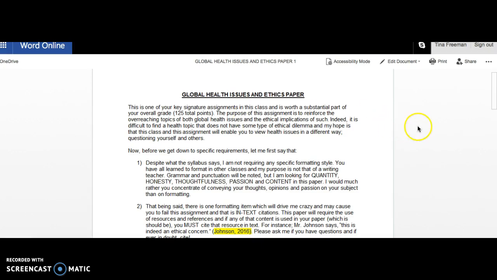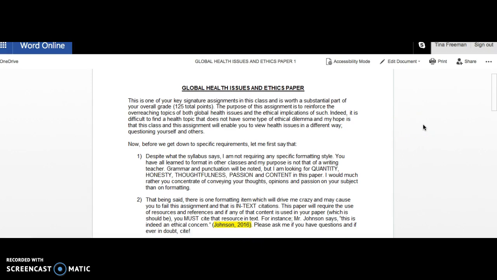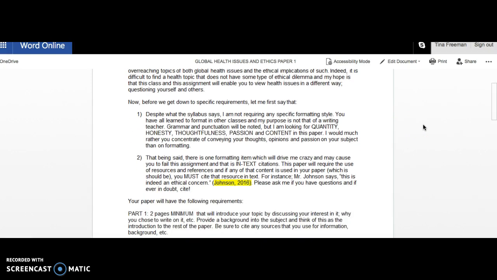So let me just scroll down through the requirements. And I know that our syllabus specifies font size and formatting. In all honesty, I don't care which format you use. I'm not an English teacher. I want you to write in a style that is comfortable for you.